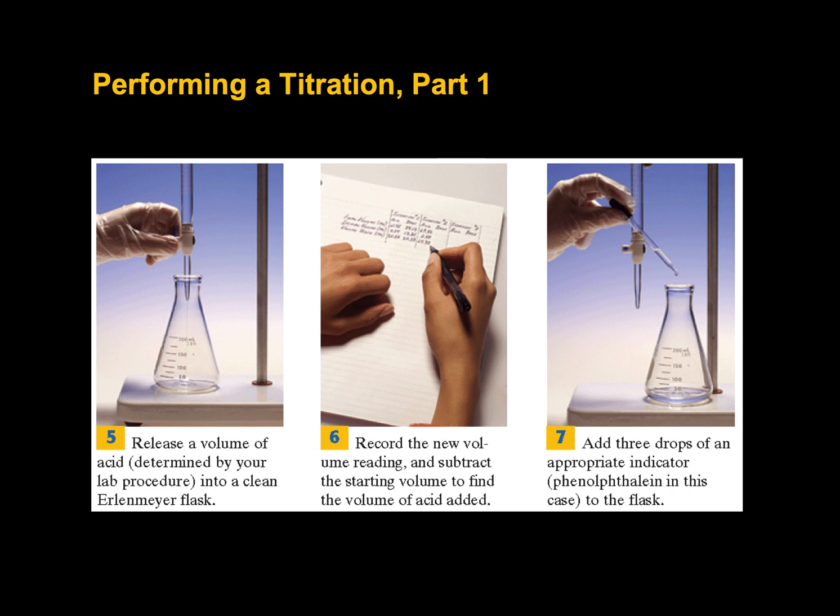Number 5, release a volume of acid determined by your lab procedure into a clean Erlenmeyer flask. Number 6, record the new volume reading and subtract the starting volume to find the volume of the acid added. Number 7, add 3 drops of appropriate indicator, phenolphthalein in this case, to the flask.